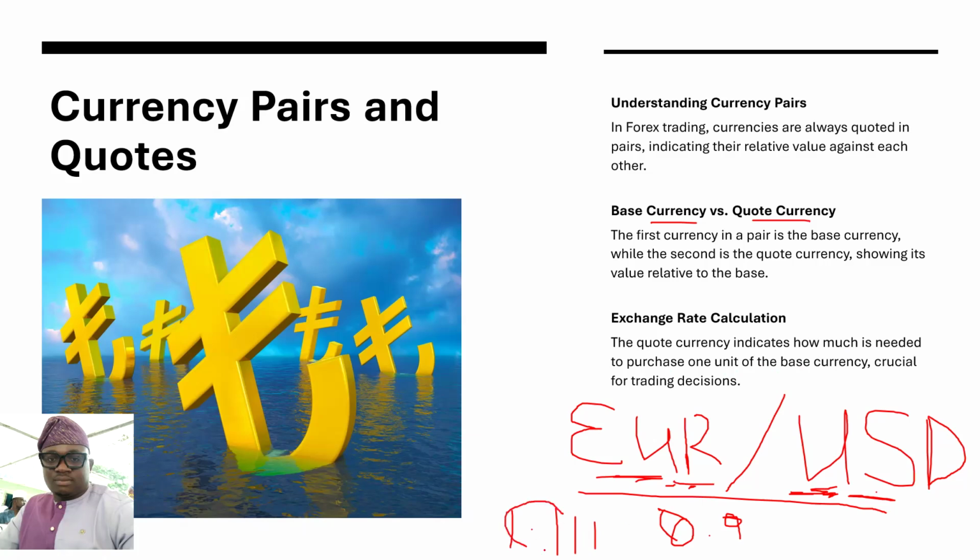So this price indicates how much US dollar we need in purchasing euro. You understand? This is crucial to trading decisions because all the fluctuations that happen in trading are based on the fluctuation of all these prices that we have here.